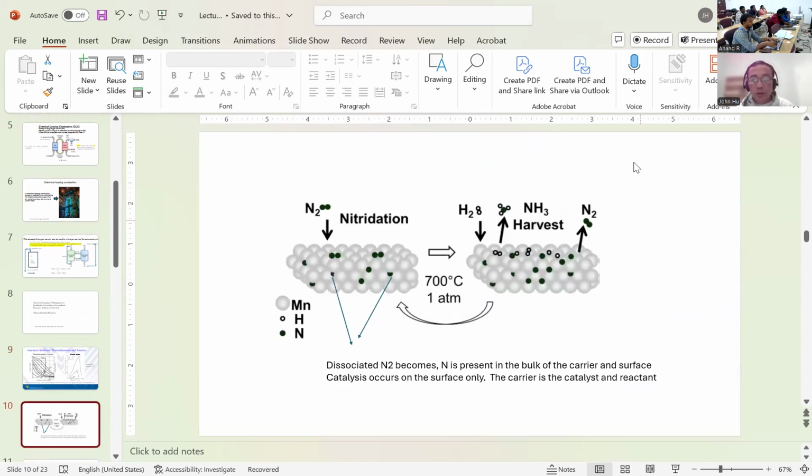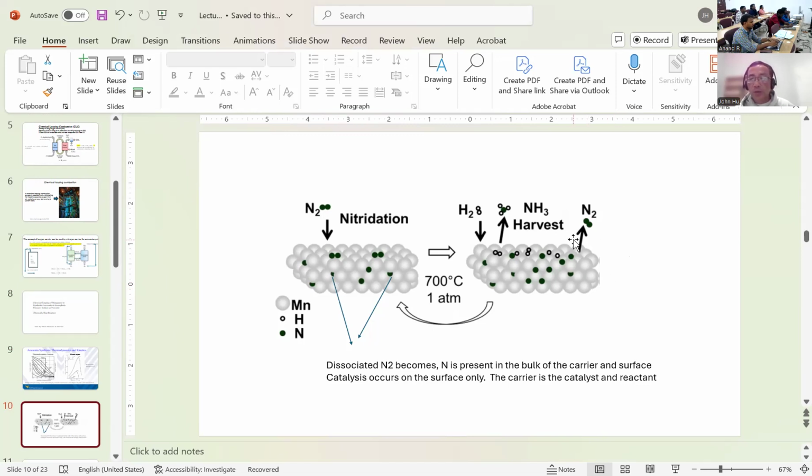We also talked about how you activate N2, which they call nitridation. The nitrogen carrier used in chemical looping not only has a catalytic function, but also uses the bulk to activate N2, allowing nitrogen on the surface and also nitrogen dissociated in the bulk.